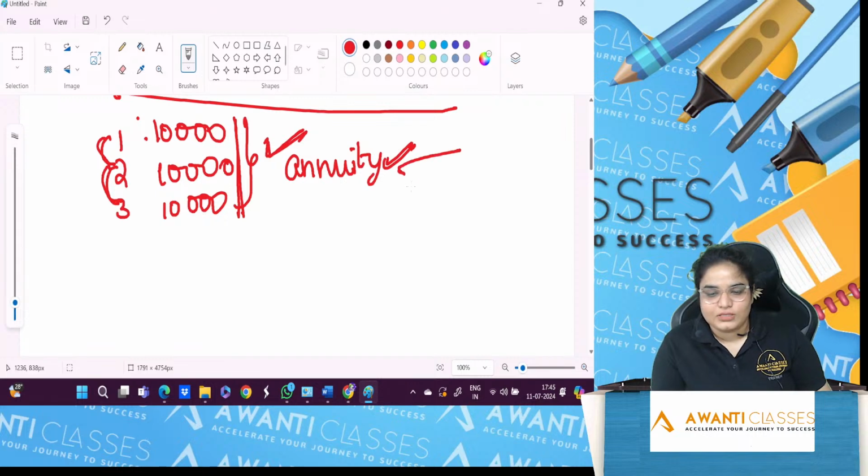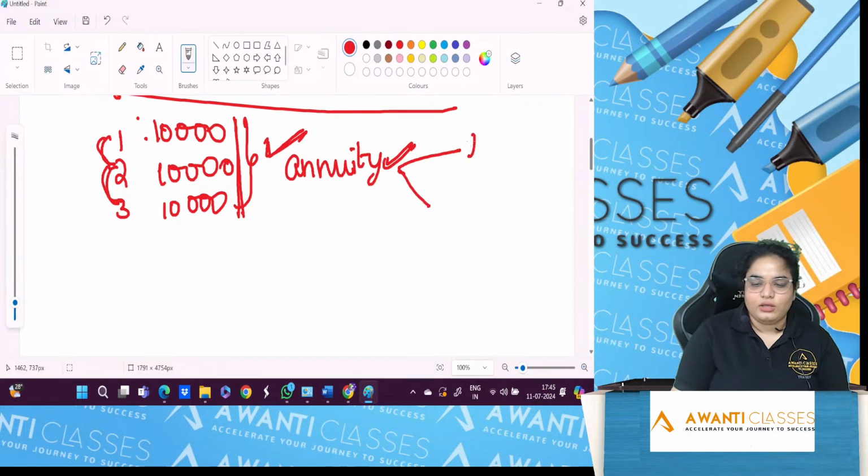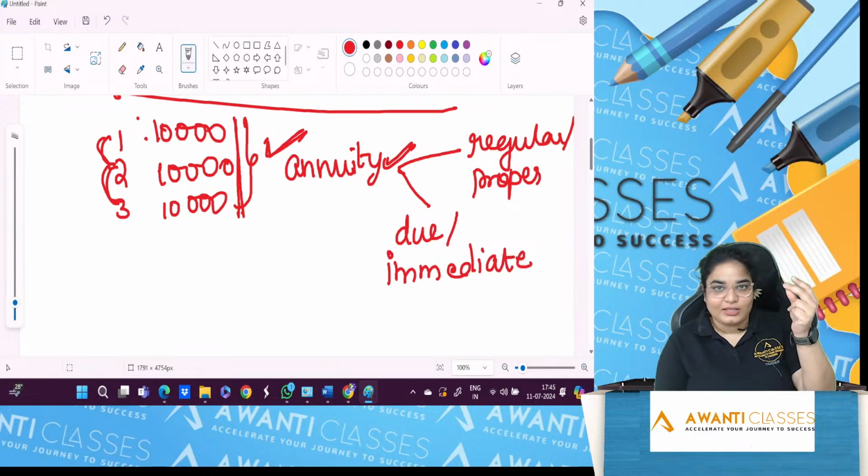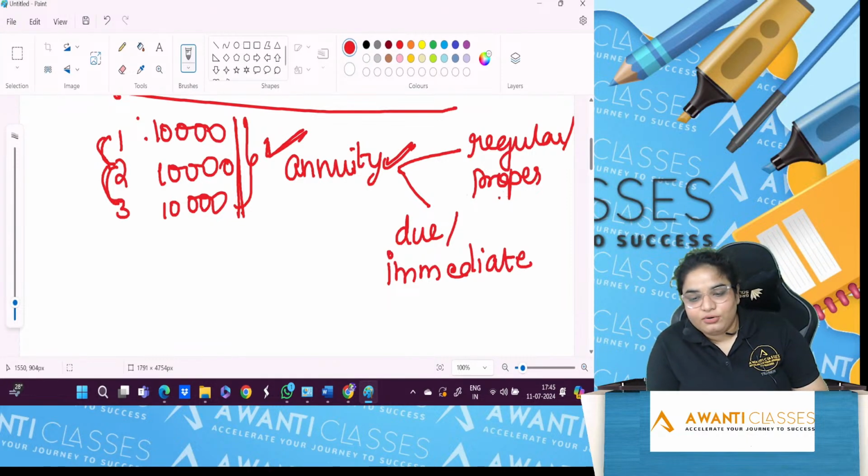One type is called annuity regular or annuity proper. The second one is called annuity due or annuity immediate. Annuity regular and annuity due.